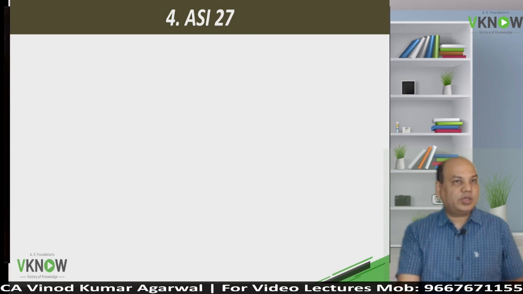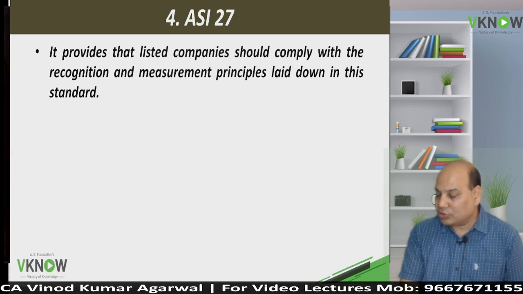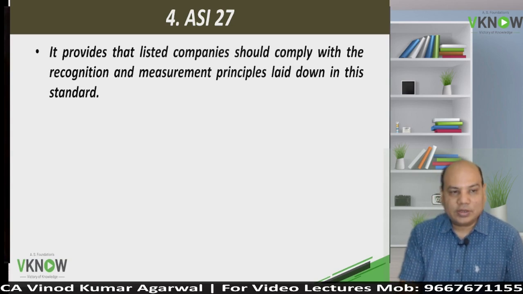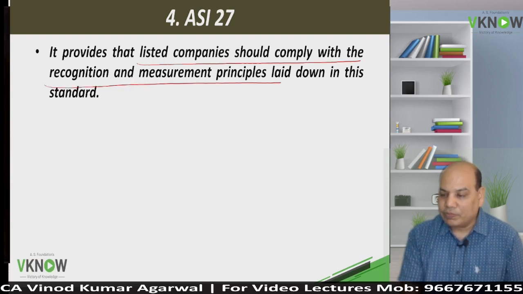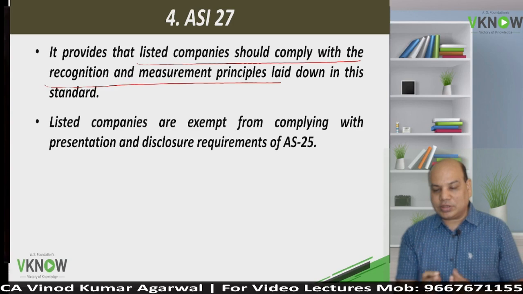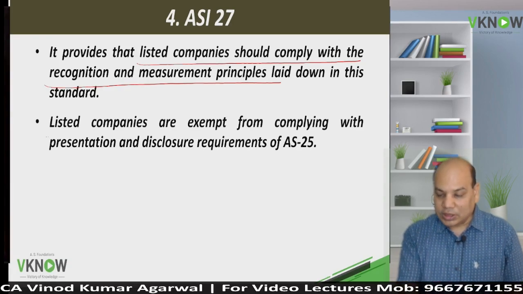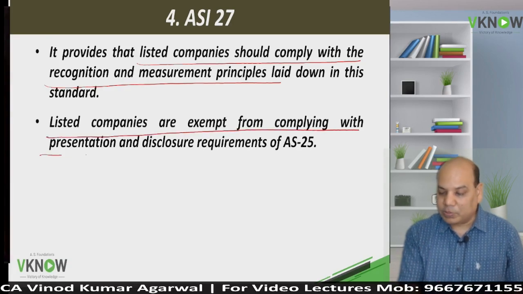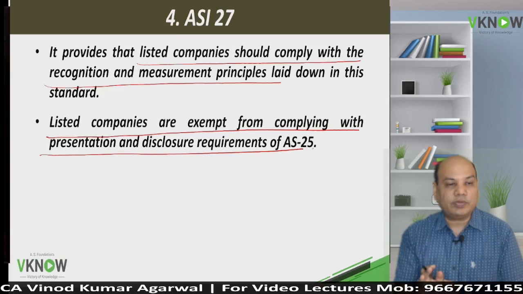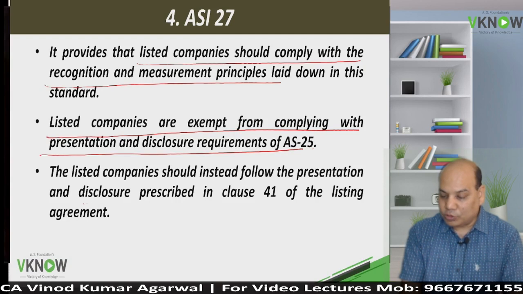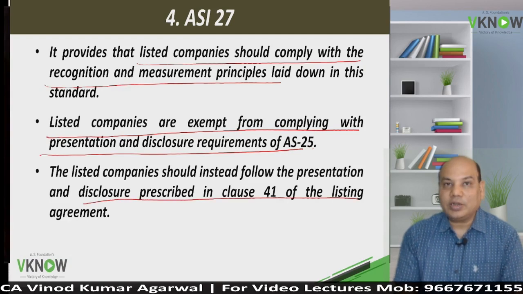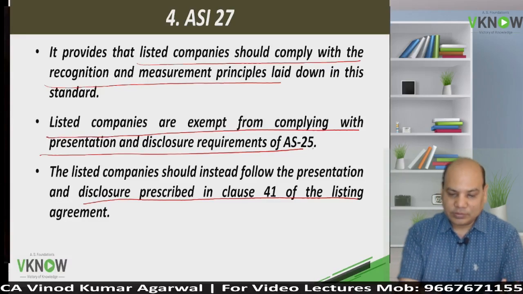The institute may issue ASI. So let us read what is this ASI. It provides that listed company will follow the recognition and measurement requirement as laid down in this standard. Listed companies are exempted from complying with presentation and disclosure requirement of AS25. Listed company will follow presentation and disclosure requirement as per clause 41 of the listing agreement. So this is for listed company.